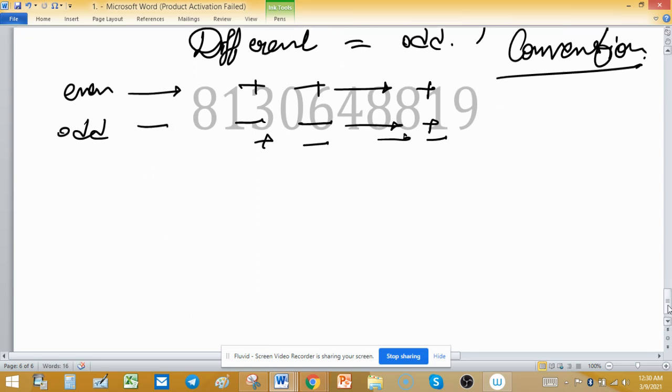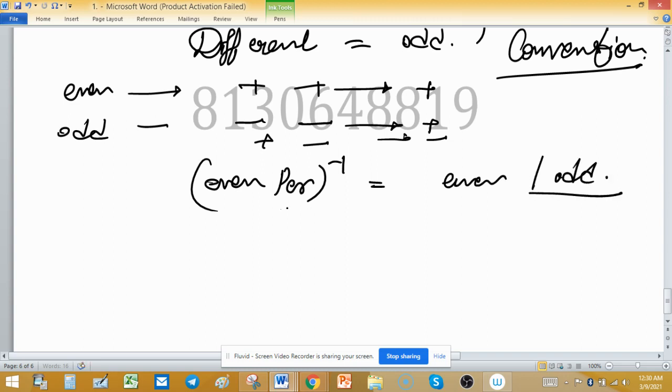A very important question comes here. The inverse of an even permutation: if you are given an even permutation, then will its inverse be even or odd?